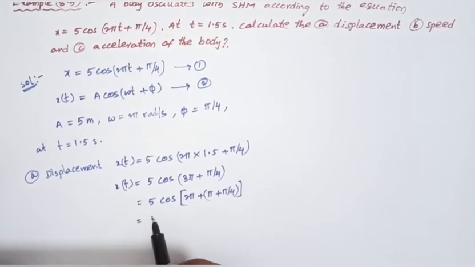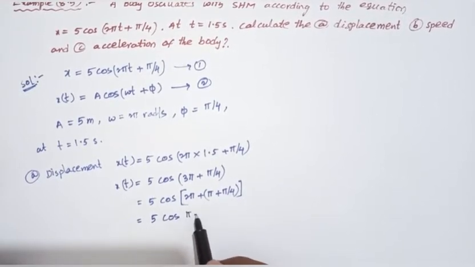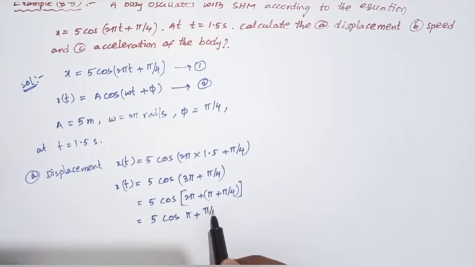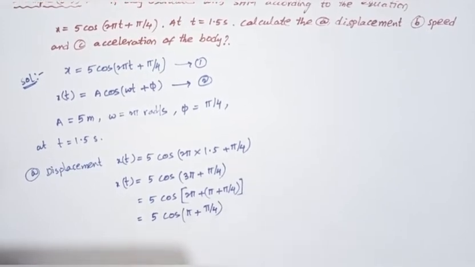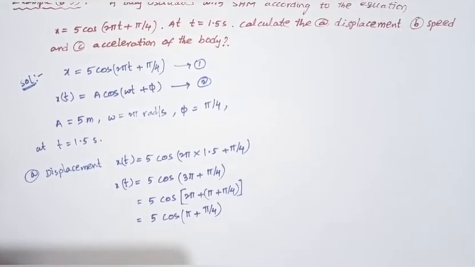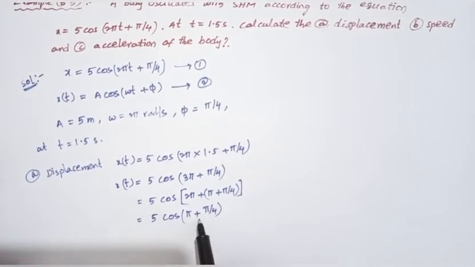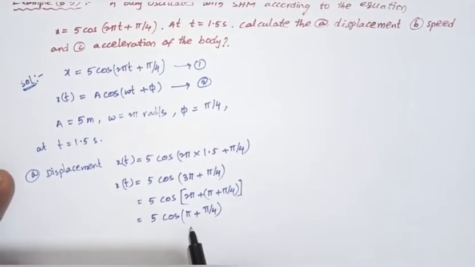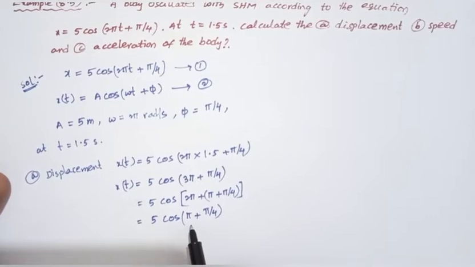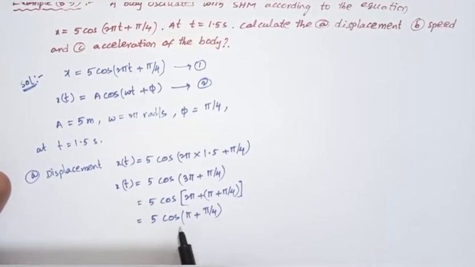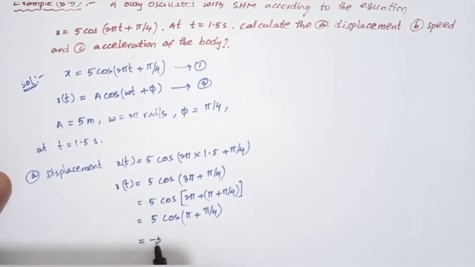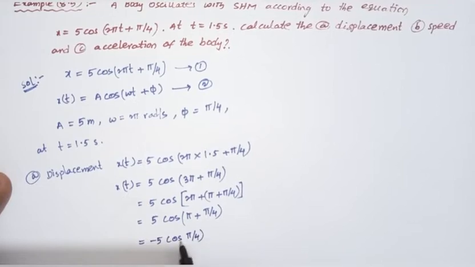So we have 5 cos(π + π/4). Here, cos π is nothing but 180 degrees. So π radian equals 180 degrees. So that equals minus 5 cos(π/4).